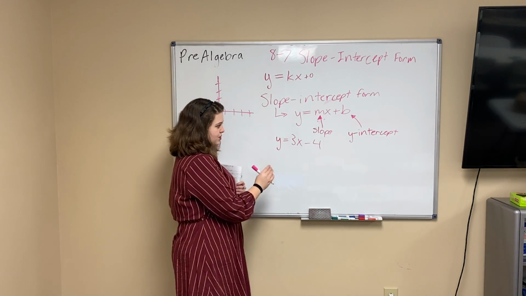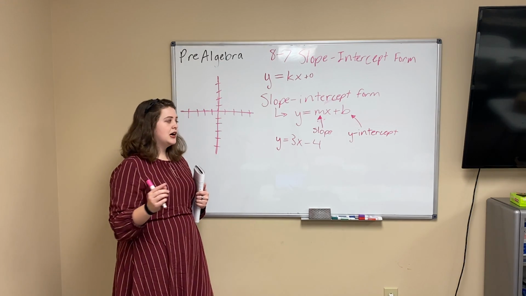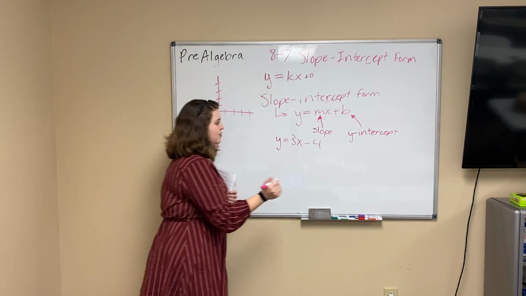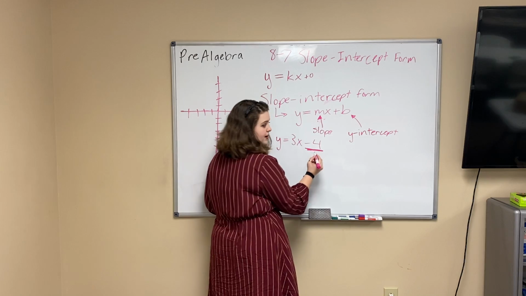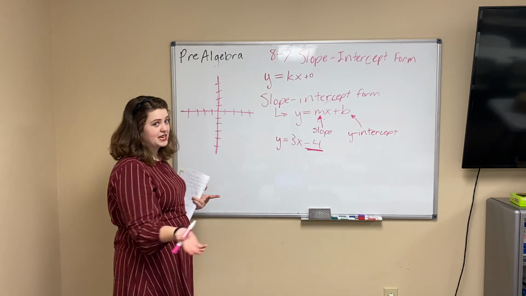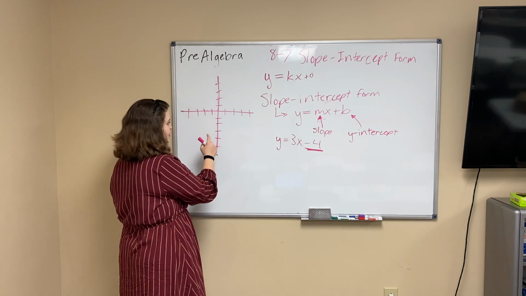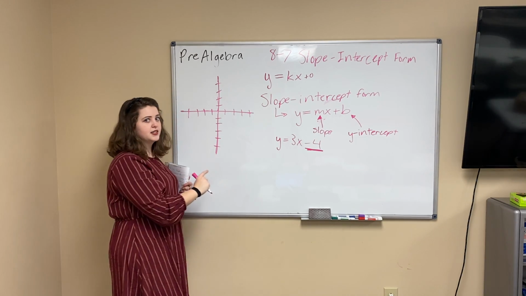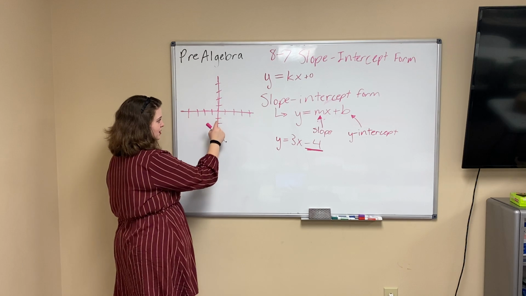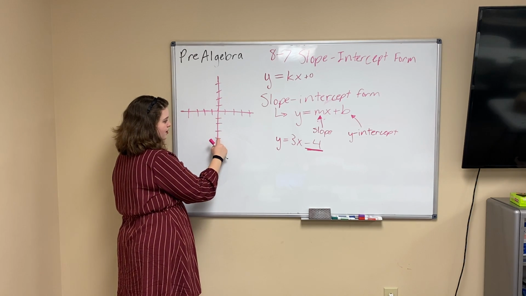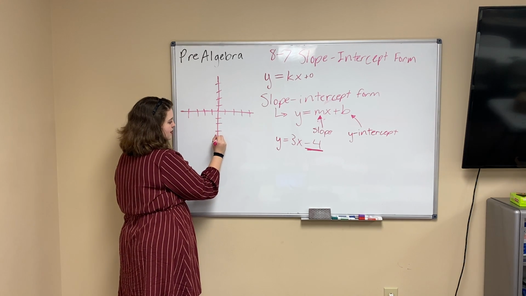So if I'm looking at 3x minus 4 right now, our y-intercept is going to be this number right here, and that's minus 4. So what I know is our line is going to intersect the graph at negative 4. So I'm going to come down 1, 2, 3, 4 and put myself a point.